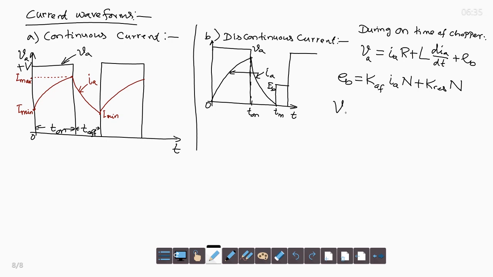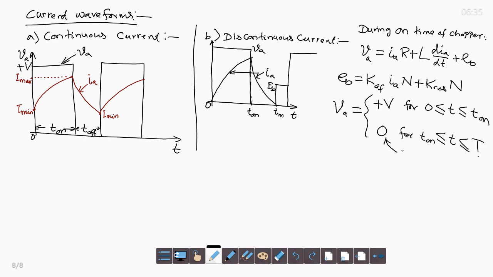So VA equals plus V for the time between 0 to T on, when the chopper is on, and VA equals 0 for the time between T on to T, that is the off period of the chopper.